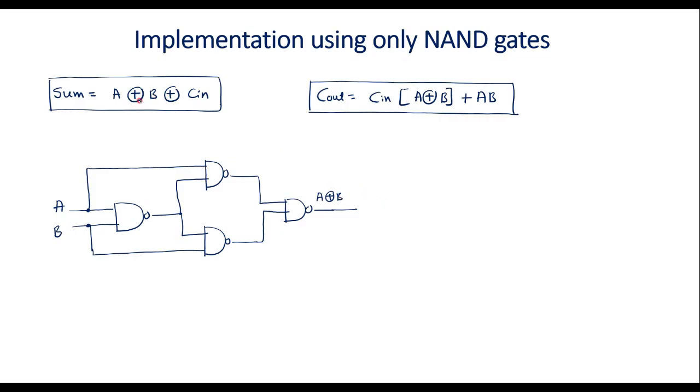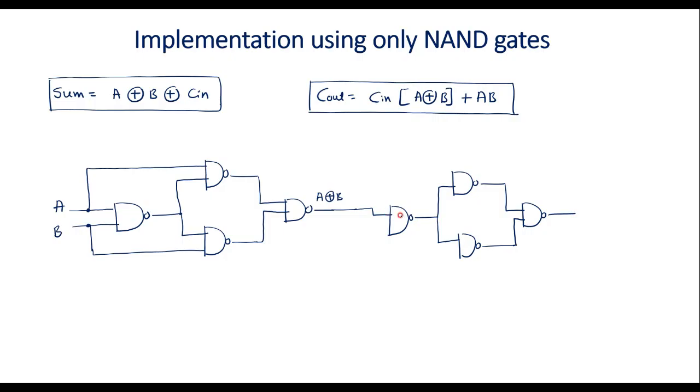So this A XOR B is in turn XORed with Cin. Now another such structure will come, where one input is A XOR B and the other input is Cin. A XOR B acts like the A input and Cin acts like the B input. Let me draw the same circuit once again. Here we have one NAND gate, one NAND gate here, one here, and one here. The output of this is connected here, this output is connected here, this output here, and this output here.